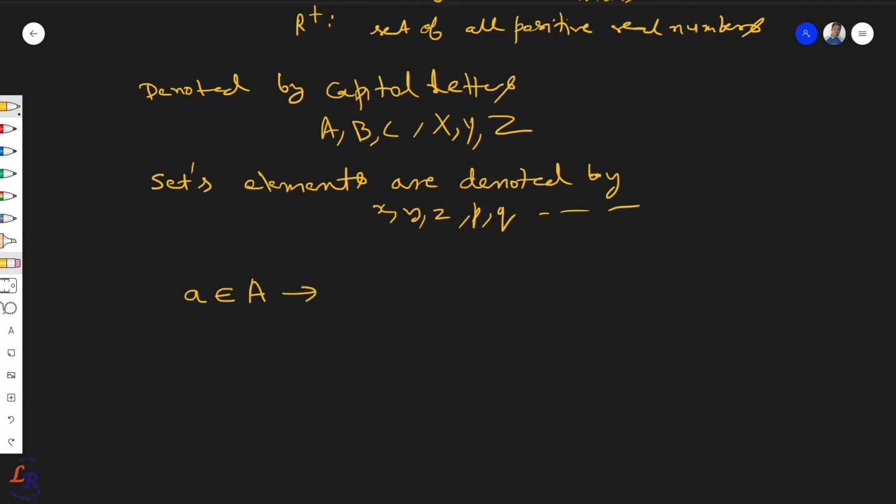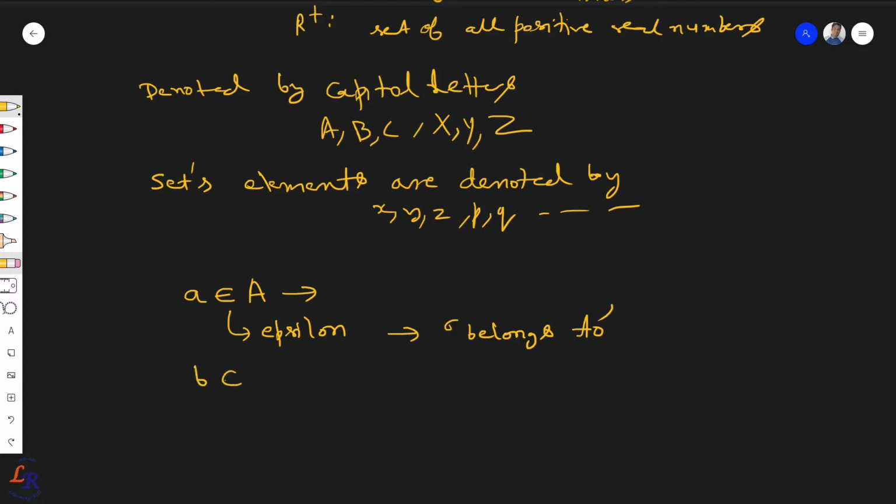We read it as: element a, where epsilon represents belongs to. So a ∈ A means element a belongs to set A.